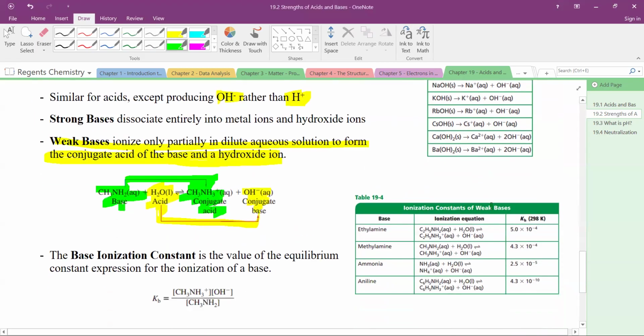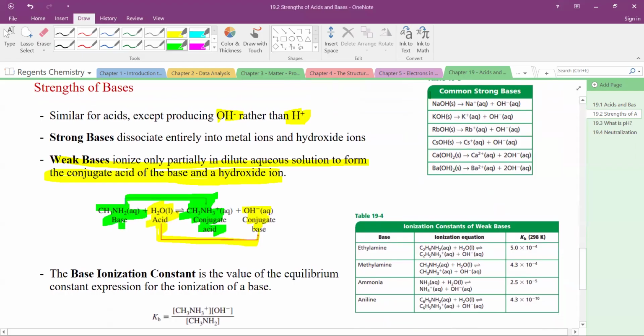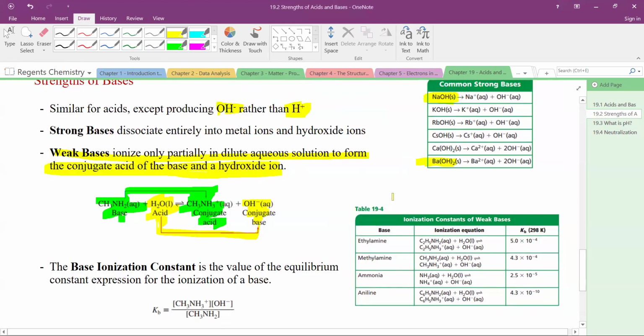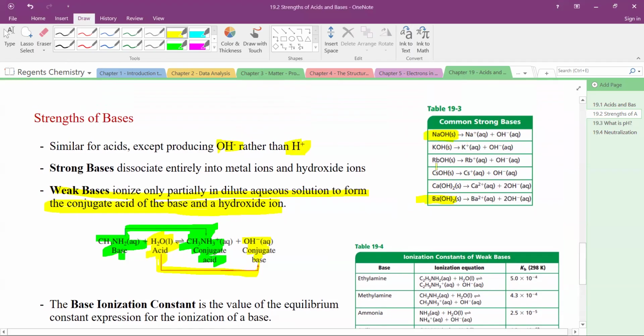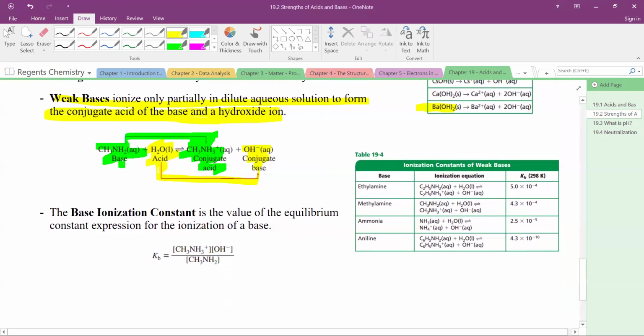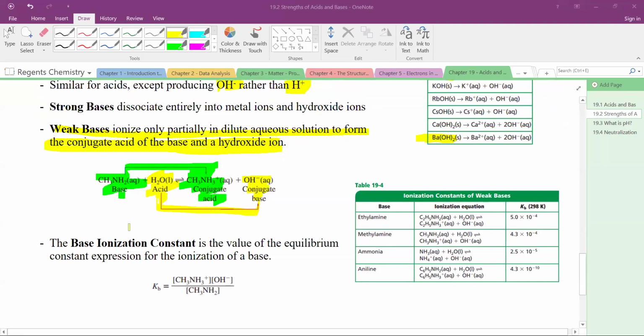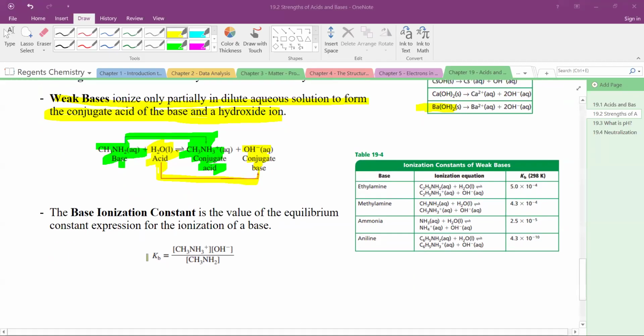Okay. You can see I have here some common strong bases you can read through, but they are all metal bound to a hydroxide. Also notice that we have things like barium hydroxide that have two hydroxides, and we have things like sodium hydroxide, which have one hydroxide group. So it's important to know, not everything has the same amount of hydroxide ions in it. And just like we had the acid ionization constant, which was Ka, the base ionization constant for a base at equilibrium is the Kb.